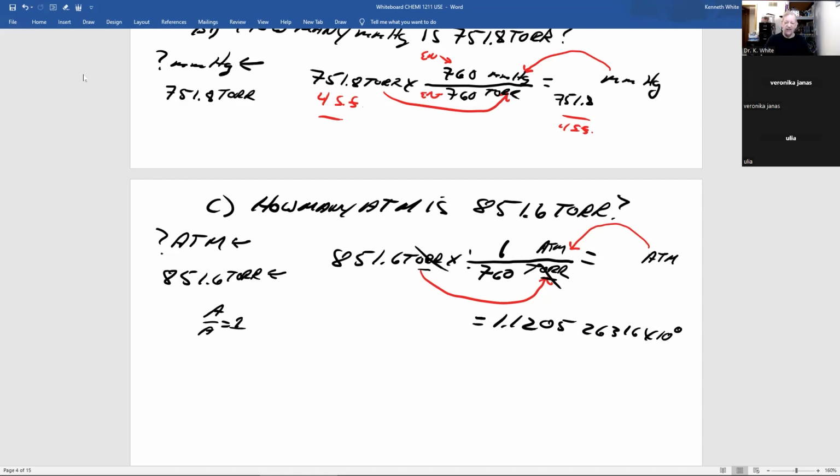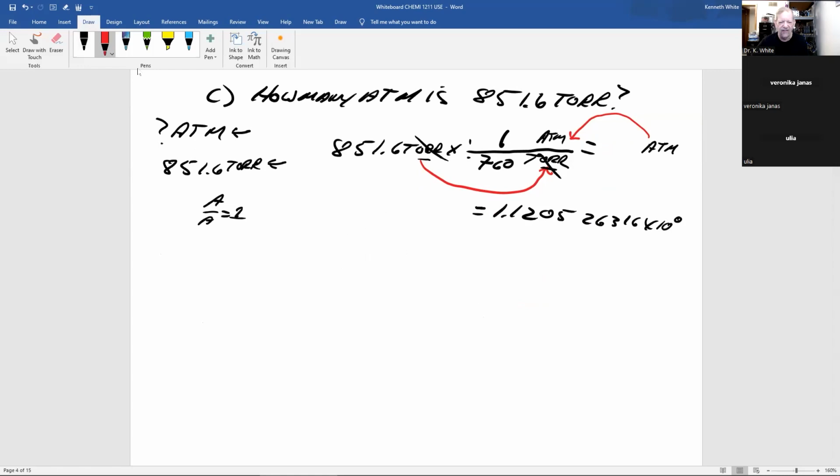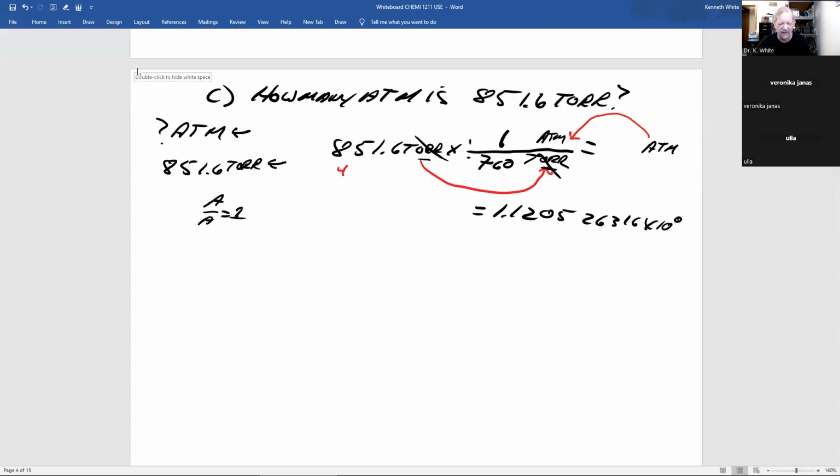And the question is, is that the right number to put down without me marking it wrong or taking off a point? And it would be, because you get the same number of significant figures in your answer as the number you're multiplying and dividing by that has the lowest significant figures, 1, 2, 3, 4 significant figures.